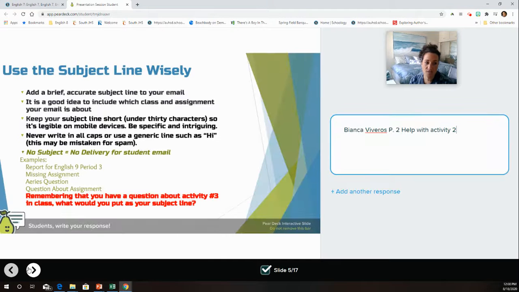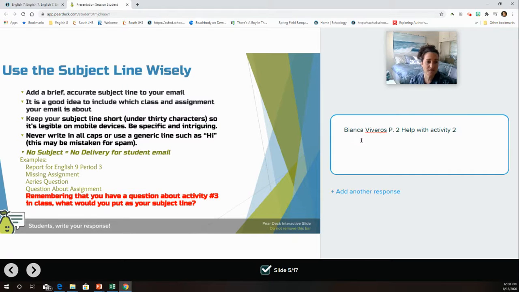I go to the next one, and I was working with a student earlier today on this, and this is talking about the subject line. The subject line on an email is something you read that tells the teacher or whoever you're writing about who you are and what you're going to need help with.